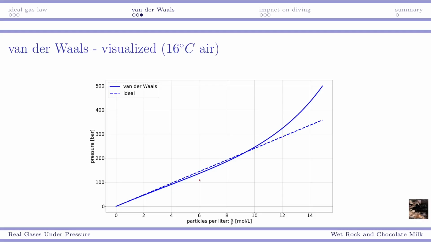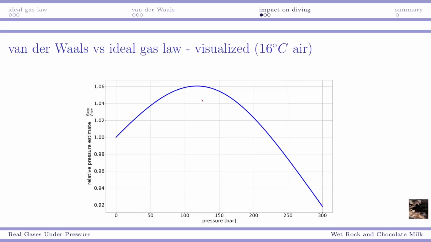But first, let's have a look at the relative effect of the less accurate prediction that the ideal gas law gives us when we normalize it on pressure versus van der Waals. Well, at 0 bar, the two coincide. Somewhere around, this looks more like 225 now, bar, they also coincide.